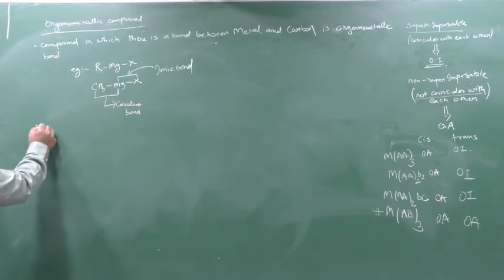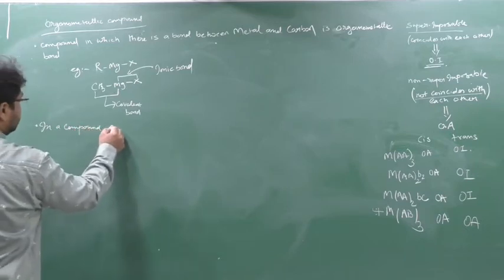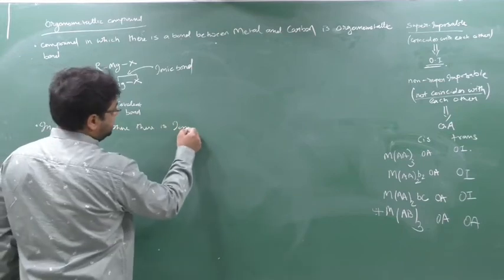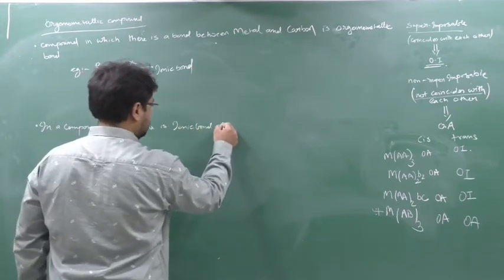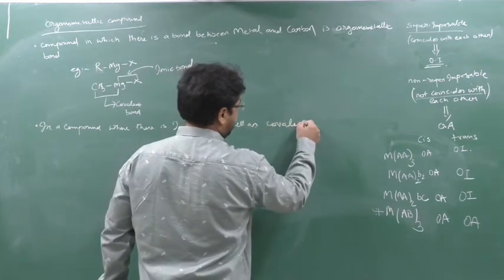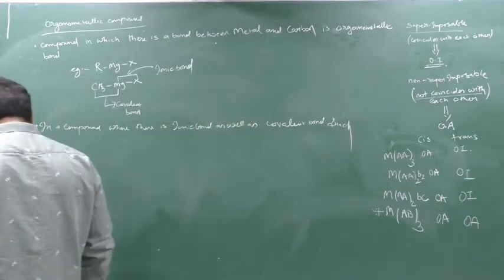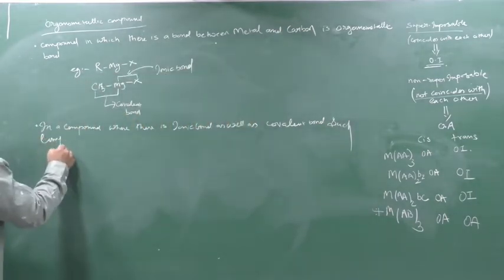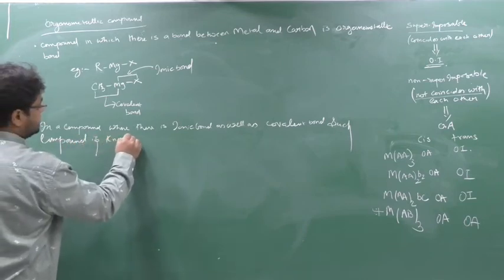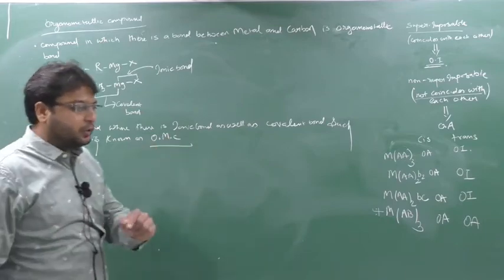Or I can say like this also, a compound where there is an ionic bond as well as a covalent bond, such a compound is known as an organometallic compound, and the bonds are organometallic bonds.